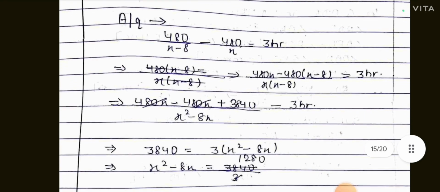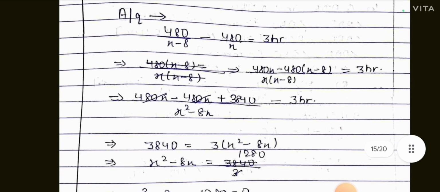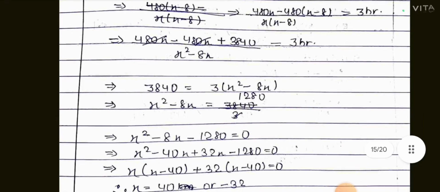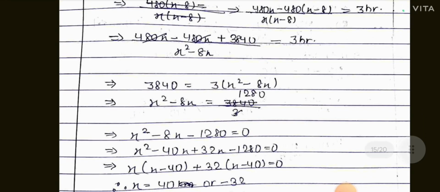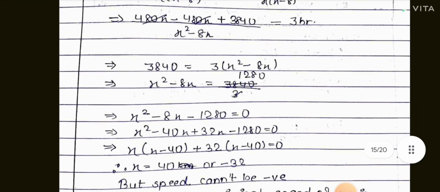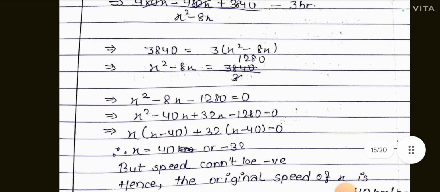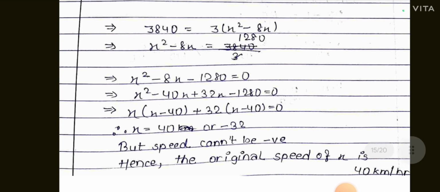If we simplify it, you can see that the equation forms x square minus 8x minus 1280 equal to 0. By the factorization method we can split minus 8x as minus 40x plus 32x, and factorizing it will be two factors, x minus 40 and x plus 32.